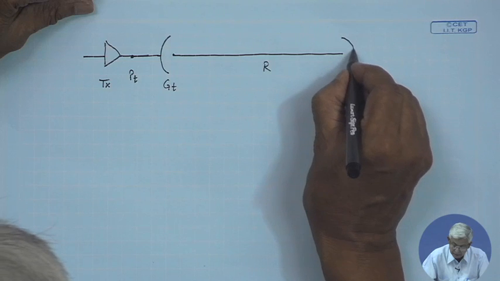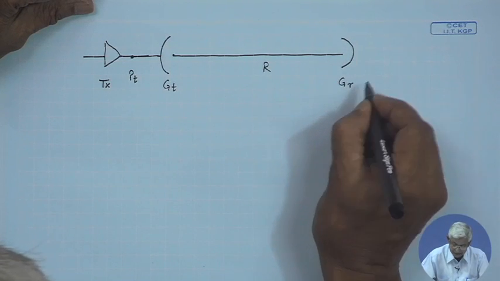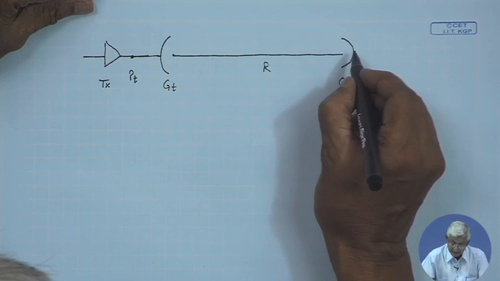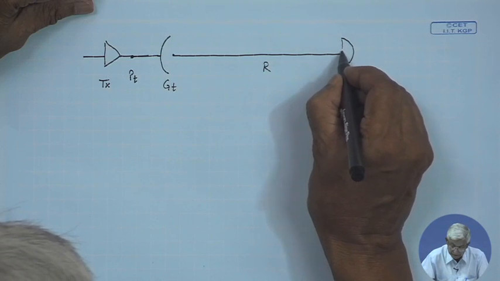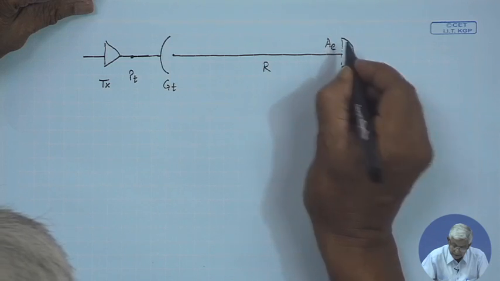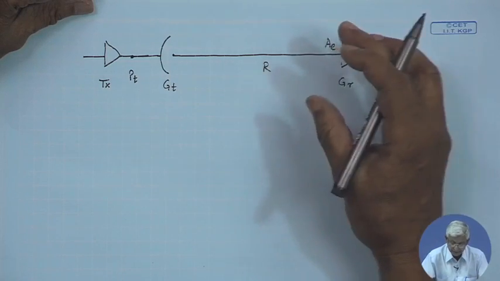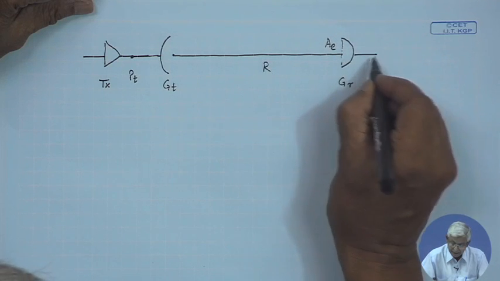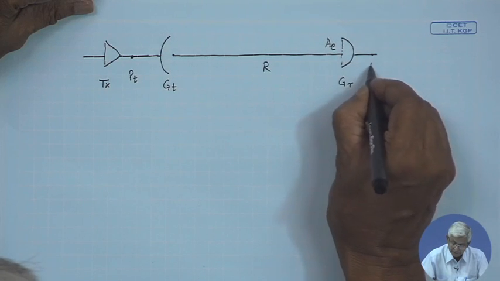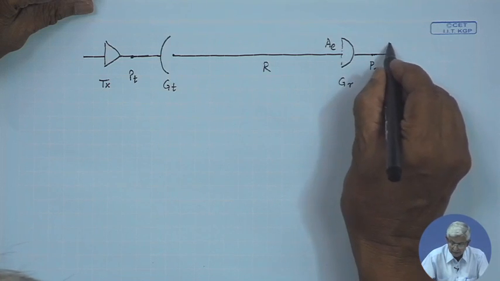we have a receive antenna which has again GR and which has an aperture whose effective aperture, let us call AE, effective aperture, through which it captures the power, and then the received power will be PR here, which will be given to the receiver.